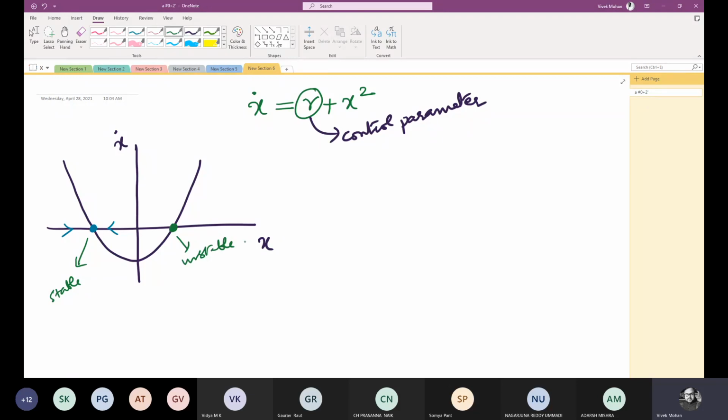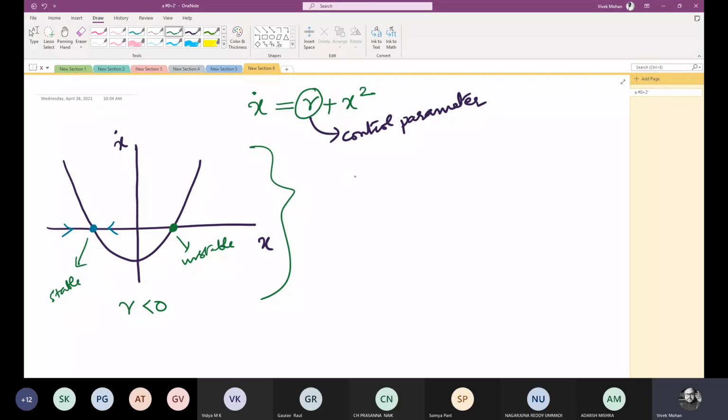Now we'll see what happens to these fixed points when the control parameter is varied. What is our control parameter here? r is the control parameter. So for r less than 0, this is our figure.